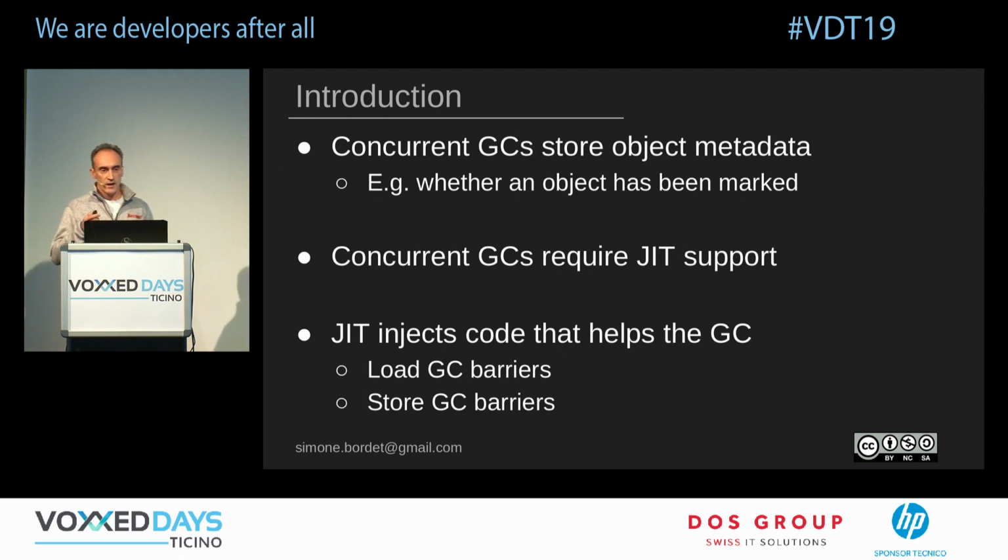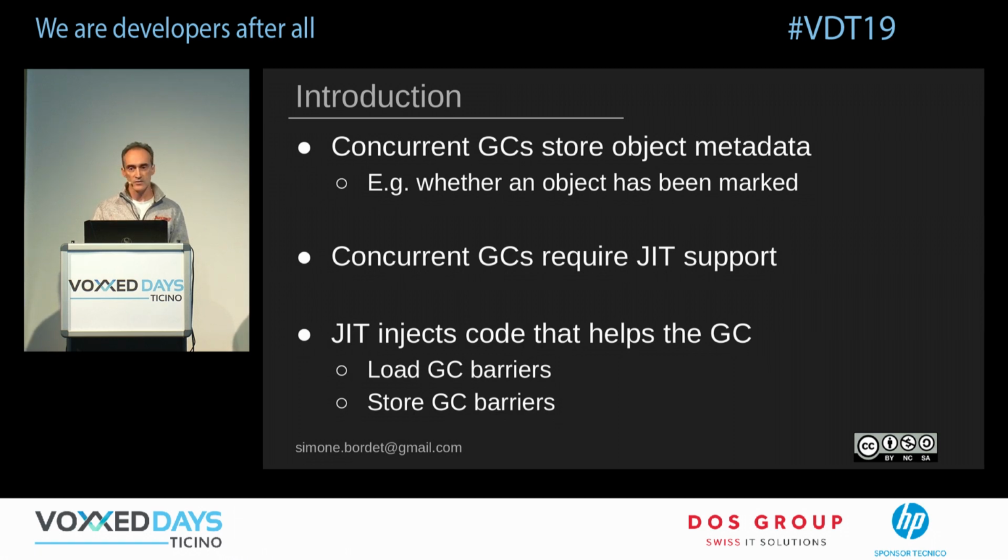So how do these collectors solve this concurrency problem? They employ two tricks. The first trick is to store metadata information about the object or the reference to the object. And the second thing is that they ask the just-in-time compiler to help them.